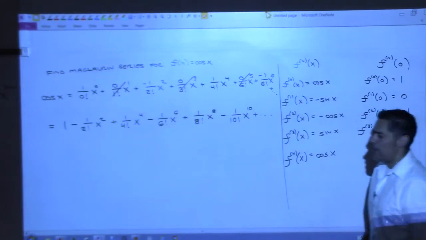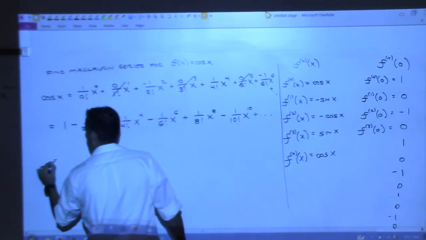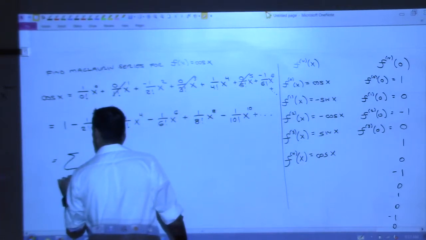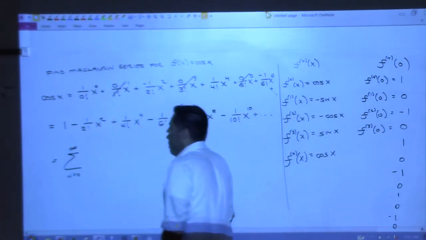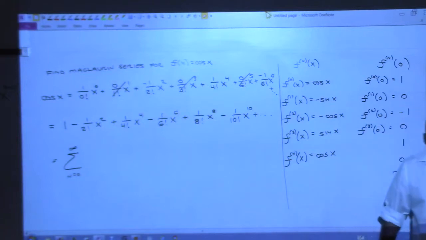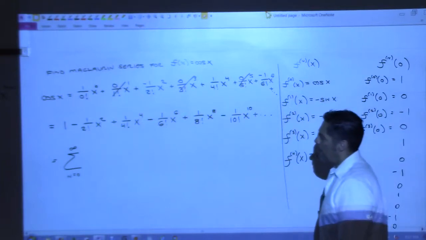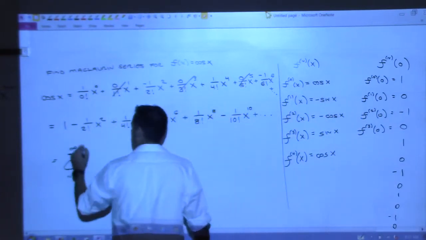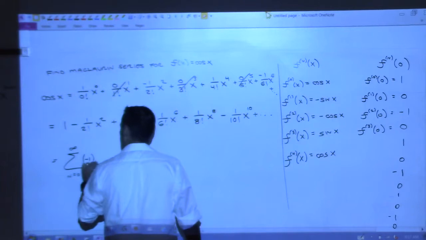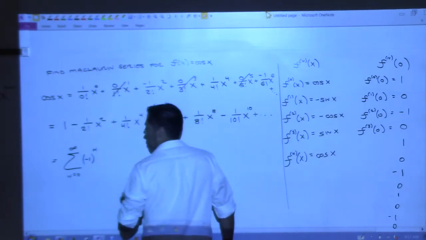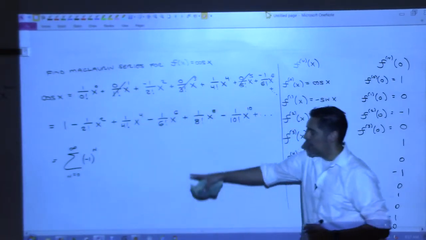And into a summation, sum n equals 0 to infinity. We have alternating, don't we? Starting with positive 1. So negative 1 to the n, because we're starting our index down at 0.